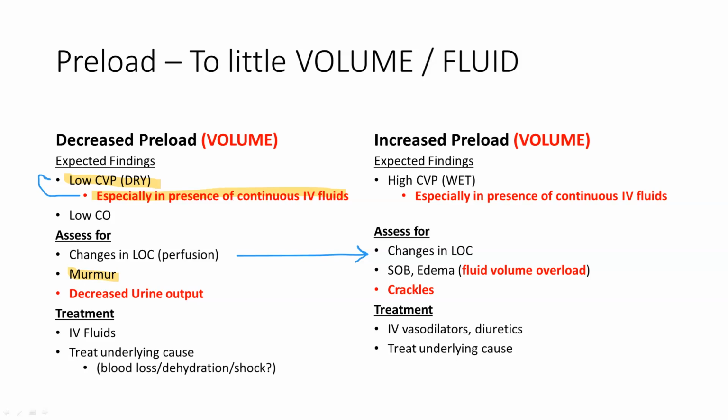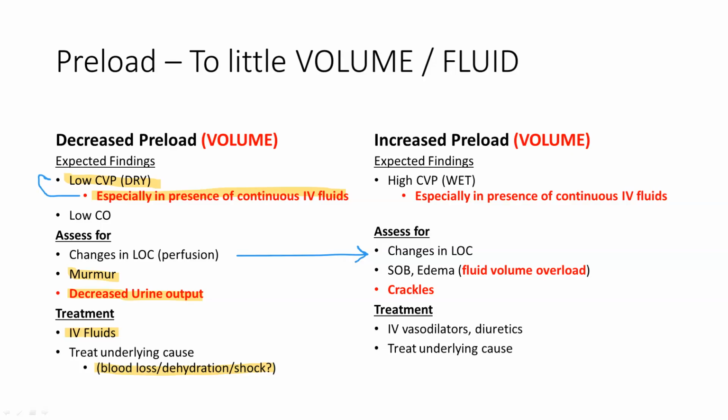It's rather turbulent because your blood is thick or viscous or whatever it may be. But more importantly, you come with a decreased urine output. Well, what's the treatment for decreased preload? You guys know that normally we're going to give them IV fluids. But probably more importantly, we want to treat the underlying cause. If it's because they have a GI bleed, we need to fix the GI bleed.